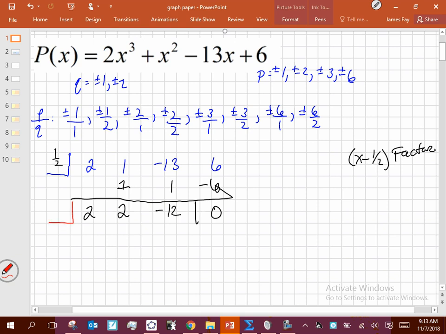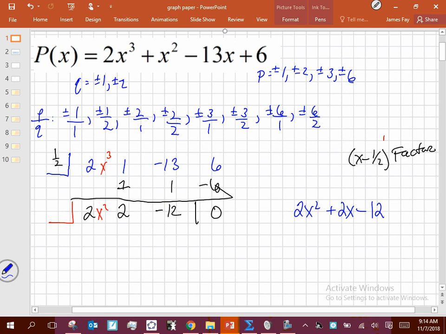Here's what we always want to think about. Yesterday we approached this a little bit differently because this was x cubed, and if I divide it by a linear factor, it turns into x squared. Whenever you get x squared as the highest degree in your quotient line, come to the side and attack that with your quadratic factoring techniques.